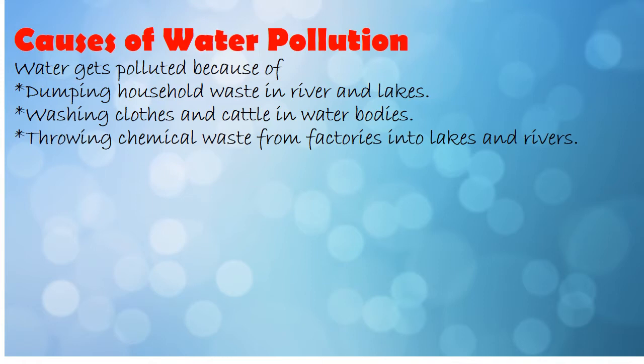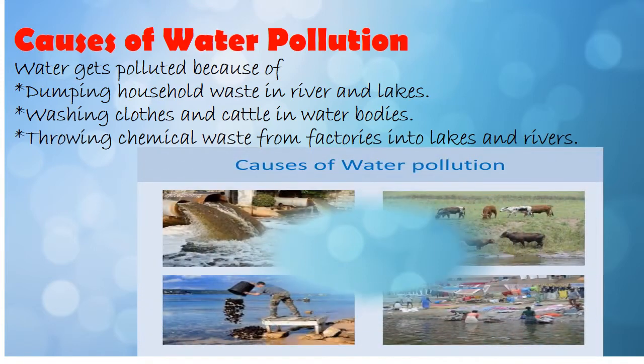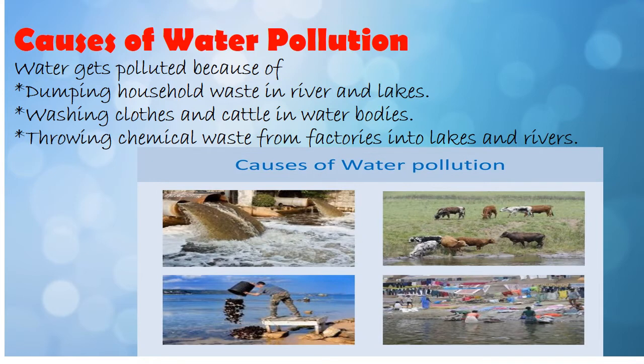Third is throwing chemical waste from factories into lakes and rivers. Factories have so much chemical waste which is very harmful for us. But if we throw this waste from factories into lakes and rivers, water will get dirty.